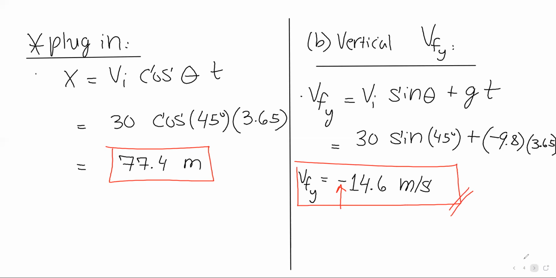Let's do an alternative solution for part B, because notice there's a third kinematic equation pertaining to the y direction that we haven't applied yet. And it's just as equally acceptable to use that one.